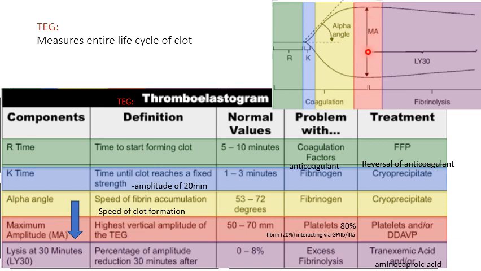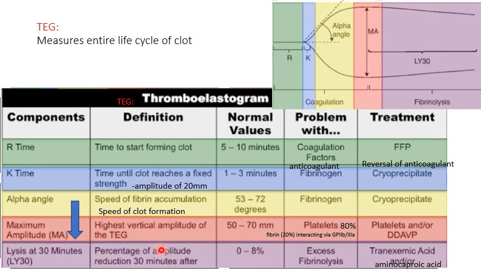From the maximum amplitude, after 30 minutes, the height of the vertical amplitude is again measured, and it should decrease by 0 to 8%. So lysis at 30 minutes is represented by the percentage of amplitude reduction from the maximum amplitude.